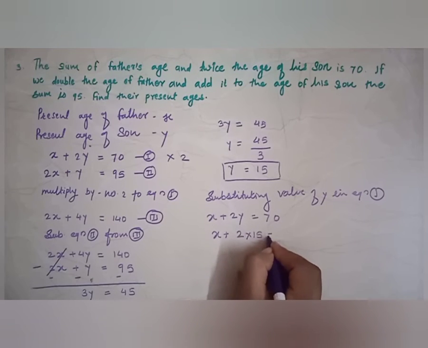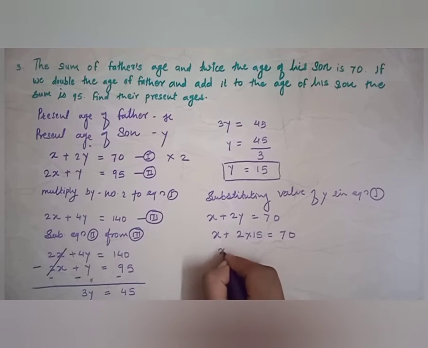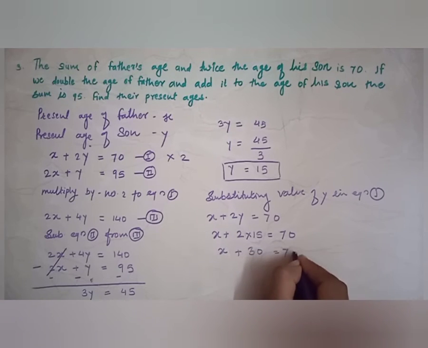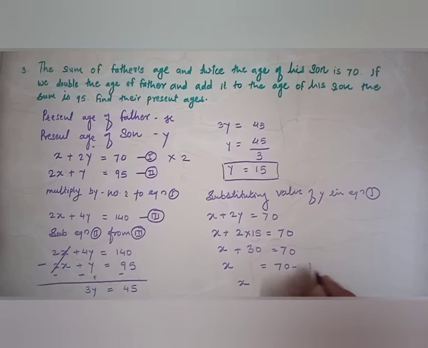We get x by subtracting 30 from 70, so x is equal to 40. In this way we can find the values of x and y.